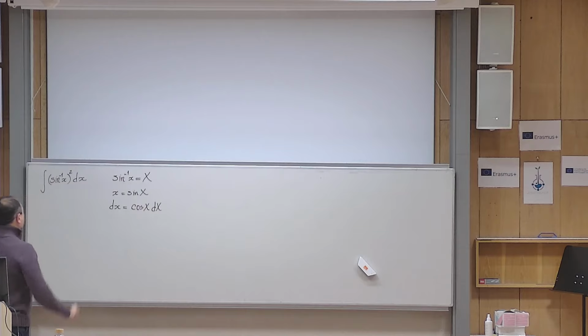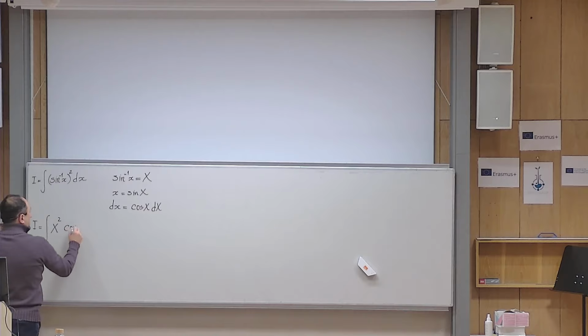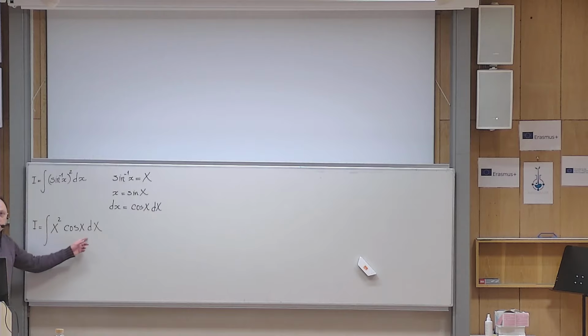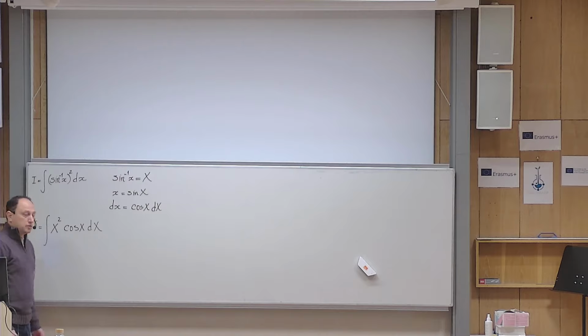Then I give this a name, I. So I is equal to the integral; instead of sine inverse I put capital X, so it becomes capital X squared, and instead of dx I put cosine X dX. Hopefully you see that this integral can be calculated using integration by parts, but because we have the second power of X here, we have to do it 2 times.